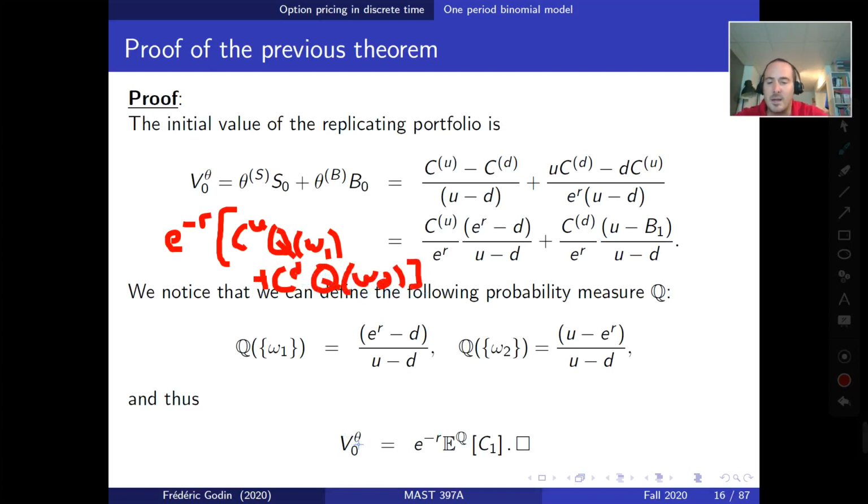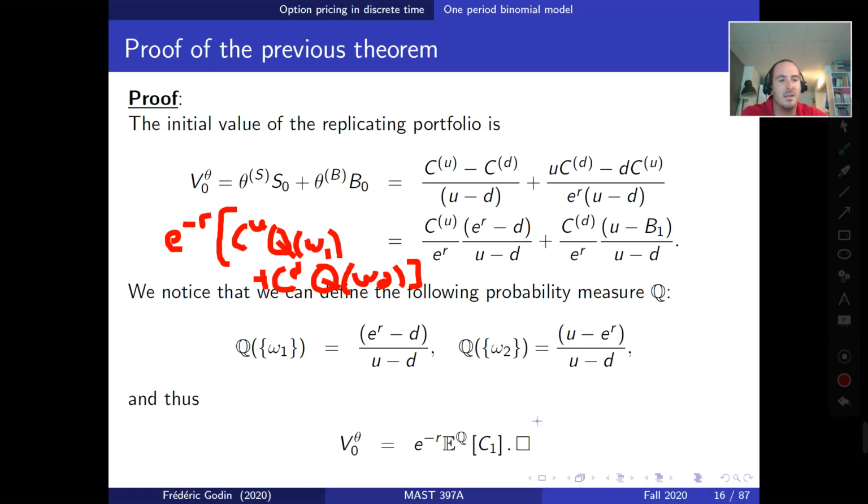So here V0 is exponential of minus R times this term. This is simply the expectation of the payoff, but under the probability measure Q instead of under the physical measure. Okay, so these Q probabilities are not P and 1 minus P. They're defined in terms of the values D, U, and exponential of R, which are the constants driving the values for the assets in both respective cases.